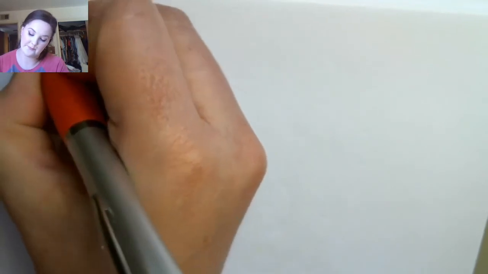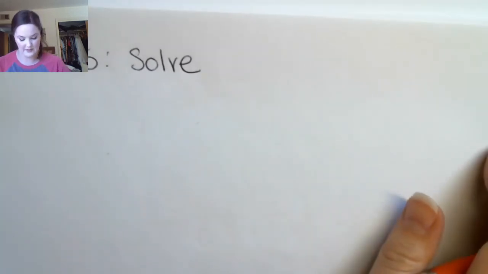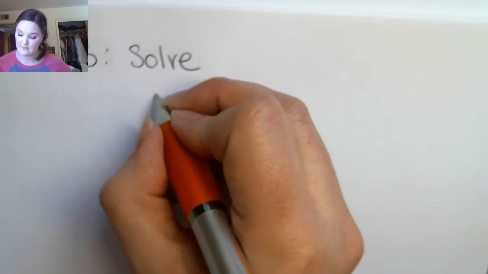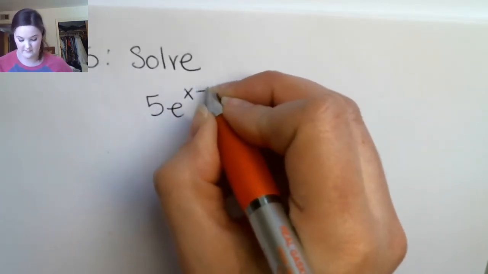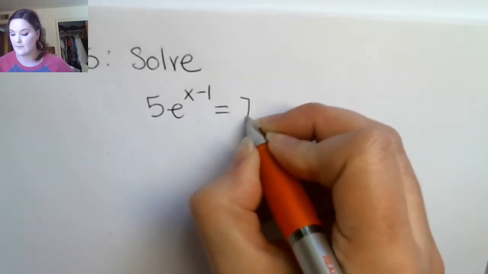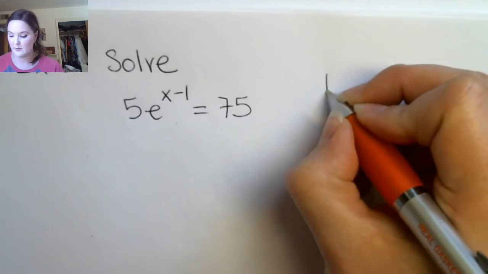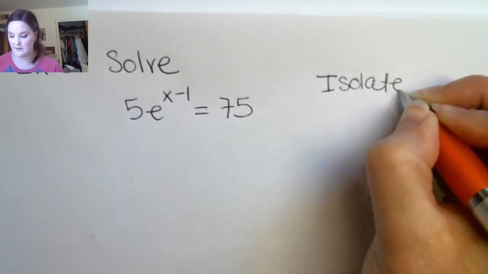Okay, so let's review solving exponential equations using the natural base. Okay, so let me remind you of the steps. The first thing you want to do is isolate the exponential.